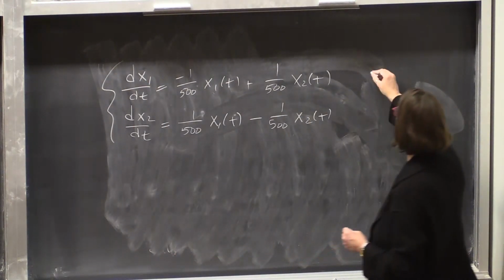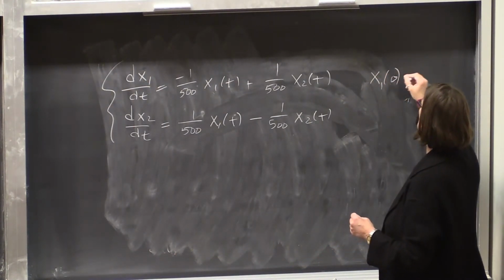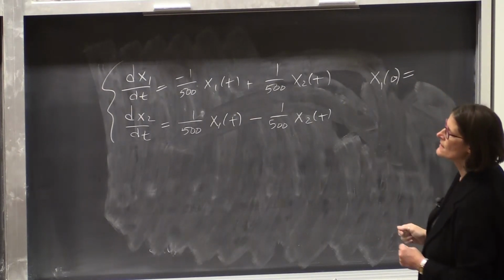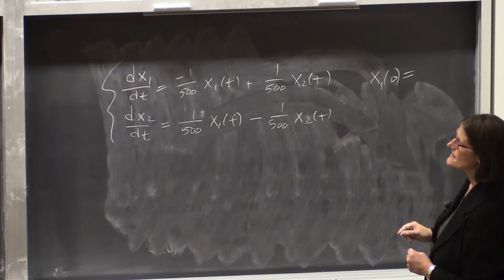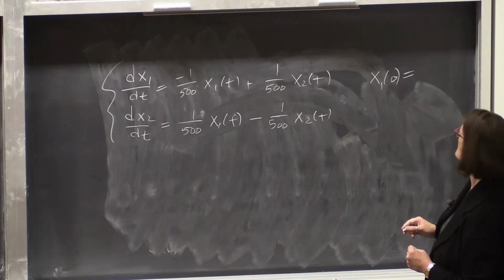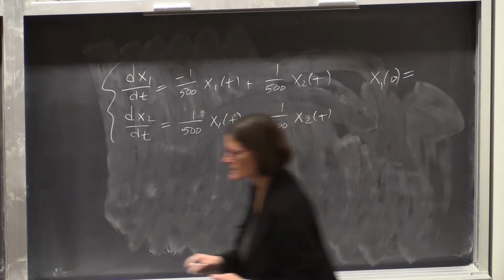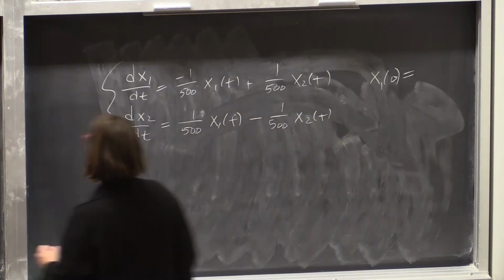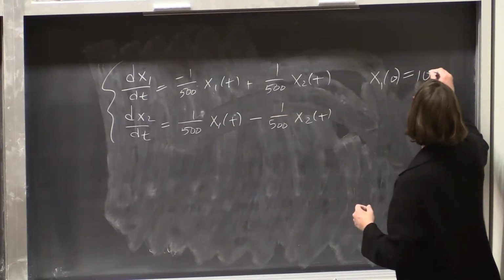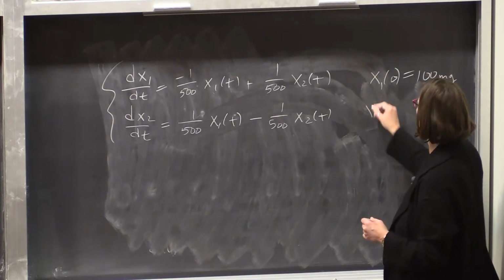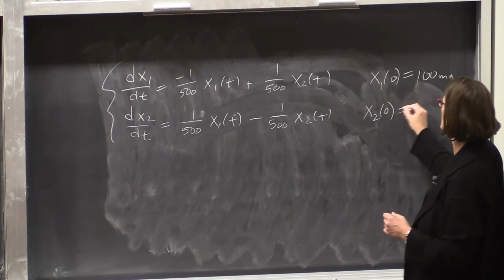And we're trying to solve that with, what's the initial amount of coffee in the kitchen? I've already forgotten. What was it? 100 milligrams. And the original amount of coffee in the lounge? 0.